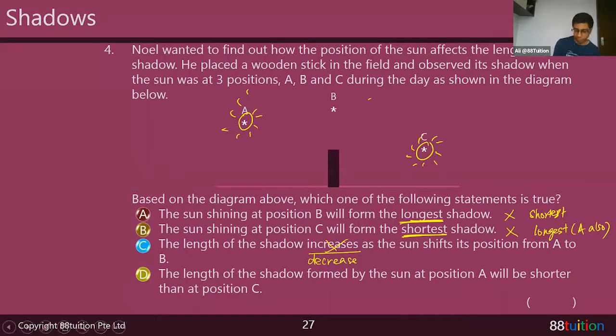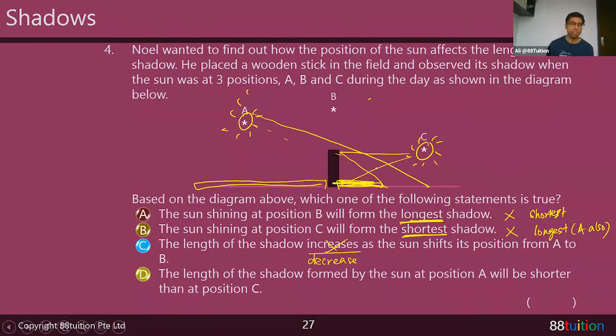So what happens is a lot of the light will be blocked, so the shadow will be very long. Whereas here, some light can still pass through, and the shadow will be short. So for A, the shadow will be shorter than C, because at C all the light is blocked. This is the reason why the shadow of A will be shorter than the shadow of C. Very interesting question, right? See, things get more difficult as you find out.